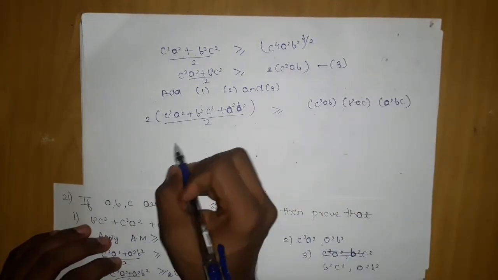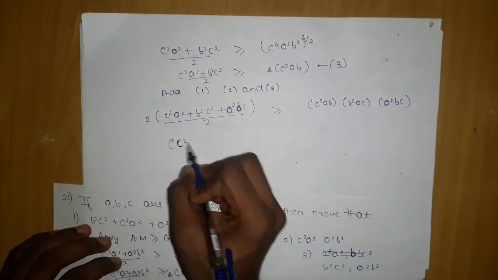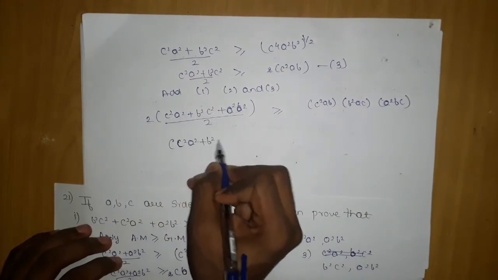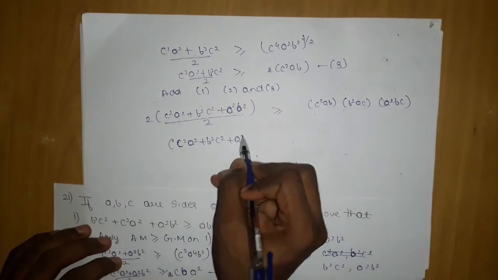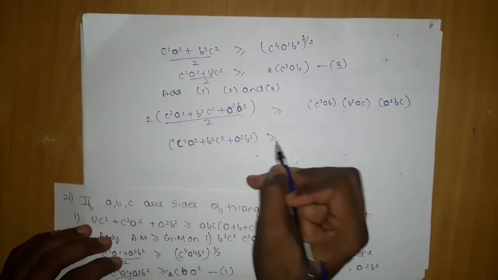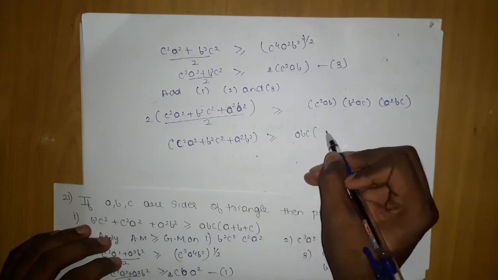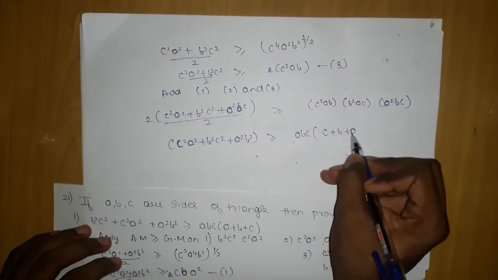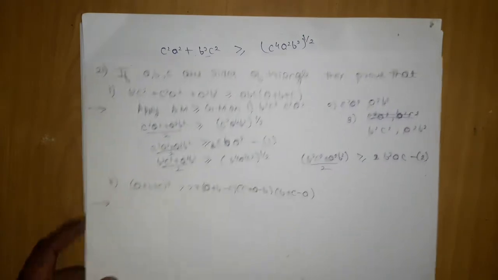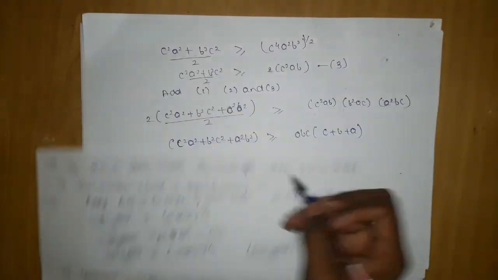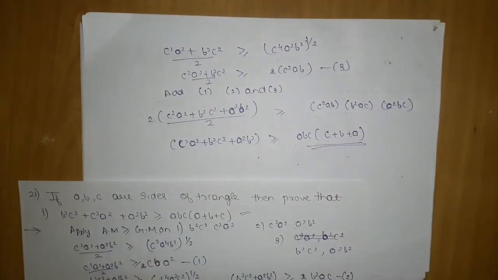The 2 will cancel out, giving me c square a square, b square c square a square b square greater than or equal to abc common from all of them, giving me c plus b plus a. So this is what they wanted us to prove, and hence we have proved it.